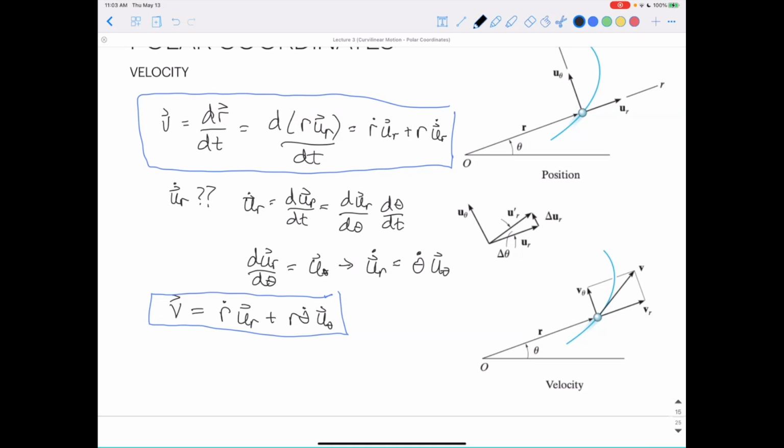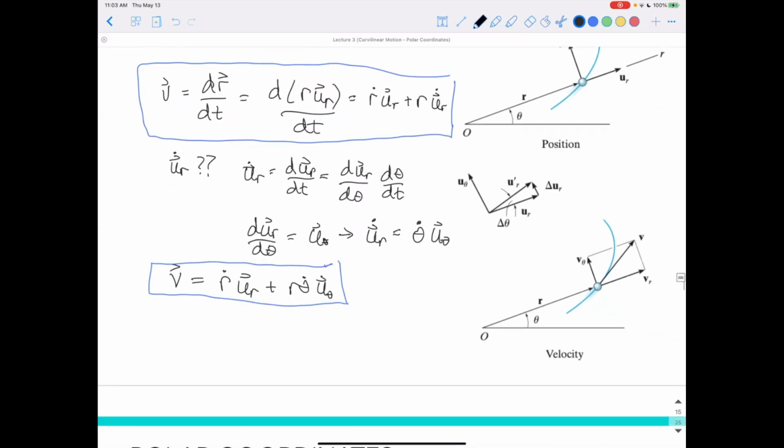The speed of the particle at any given instant is the square root of the sum of the squares of these components. So if we want to find the total velocity, the magnitude of velocity, or the speed, we would just do the same thing as before for finding the absolute value, and it would be the square root of r theta dot squared plus r dot squared.